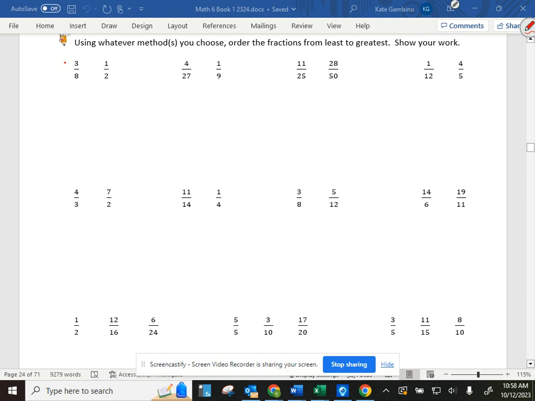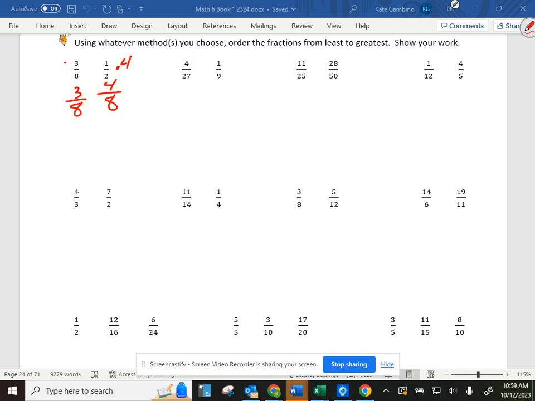But how do you know that? Oh, I multiplied a half times 4/4 to get the same common denominator. So you found equivalent fractions. So you said, okay, I want that denominator of 8. So you use those equivalent fractions.